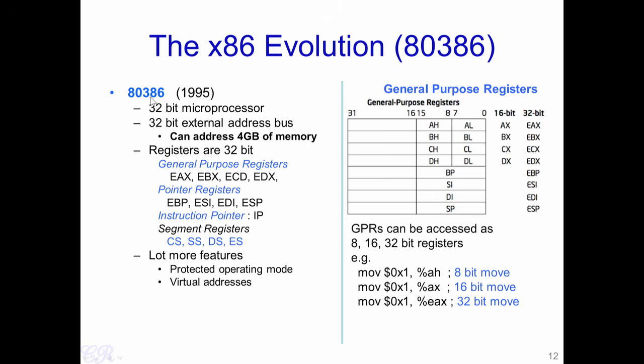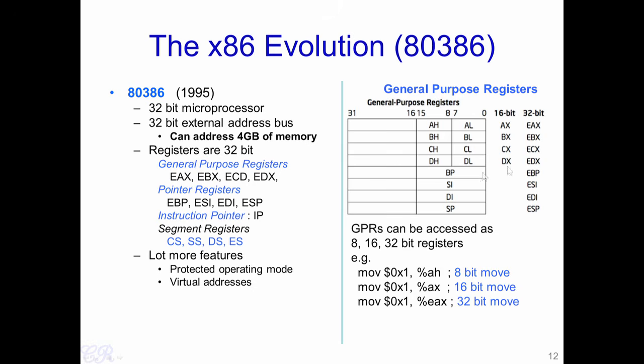8088 systems was maintained. This meant that any software which was written for an 8088 or 8086 processor would straight away run on a 386 without much of a problem.